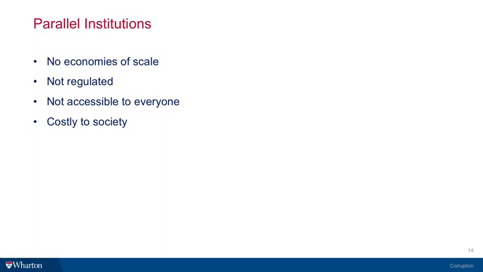I caveat this with, we don't know how costly to society. We have not yet developed the tools to measure these costs. So while we can measure the costs created by the distorted incentives, it's very difficult to measure the costs created and inflicted on society by parallel institutions.